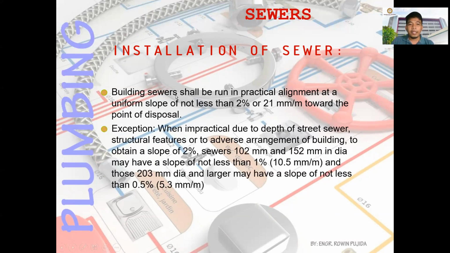Okay. Exception: when impractical due to depth of street sewer, structural features, or adverse arrangement of building to obtain the slope of 2%, sewers 102 millimeters and 152 millimeters in diameter may have a slope of not less than 1%.